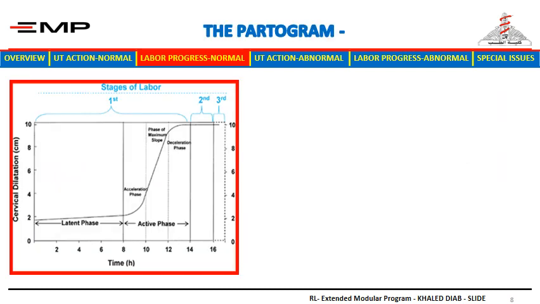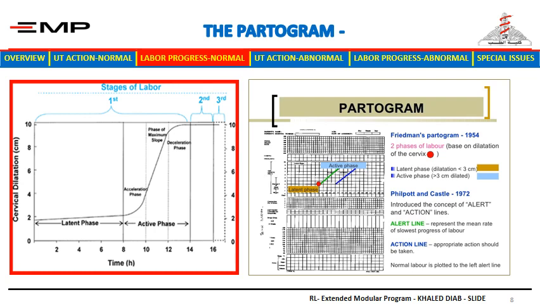The Friedman curve, as shown, and its norms established from Friedman data, has historically been widely accepted as the standard for assessment of normal labor progression, already discussed in the normal labor. Philpott and Kessel in 1972 introduced the concept of alert line and action line, and the well-known partogram was used for clinical management of labor.